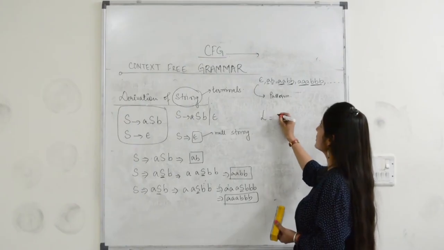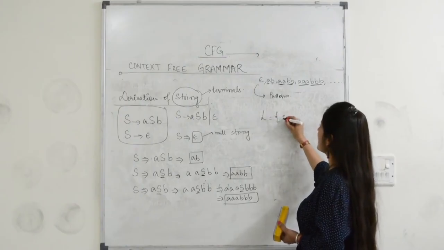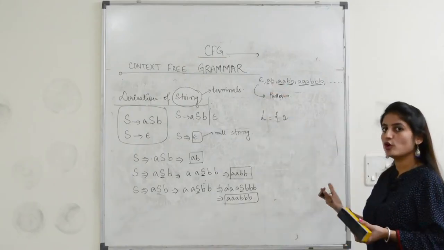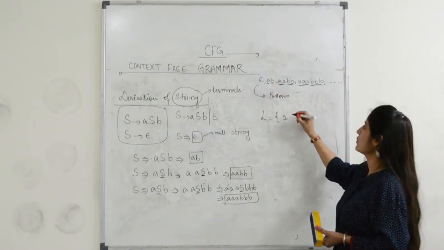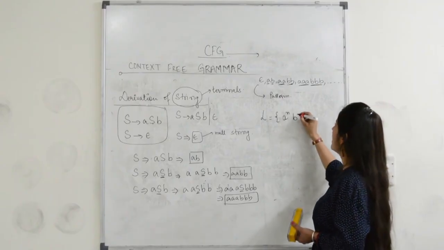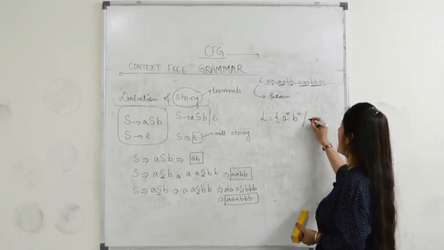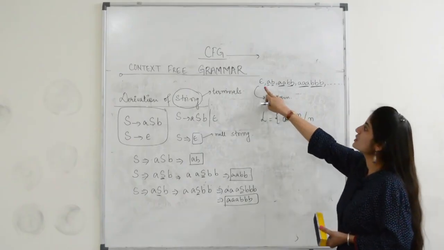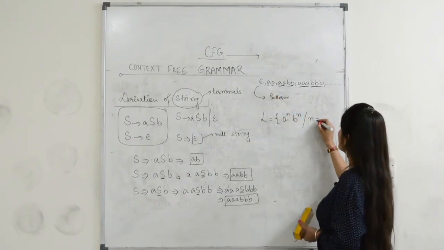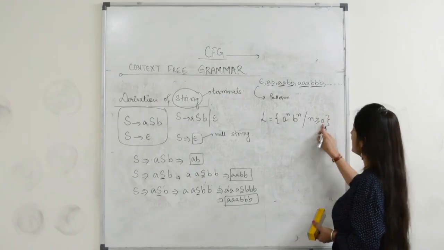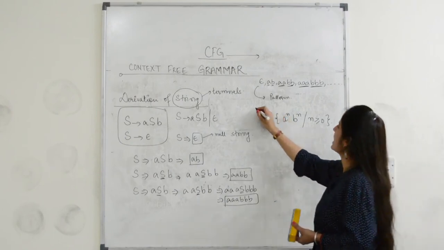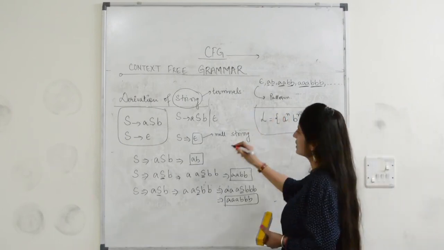L represents a language and we can say that the number of A's is equal to the number of B's, but A's will always be before B's. So A to the power n, B to the power n, and n will not start from 1 because it also has epsilon. So we'll start it with 0. When n is 0, it will generate epsilon. So this is the given language for the given CFG.